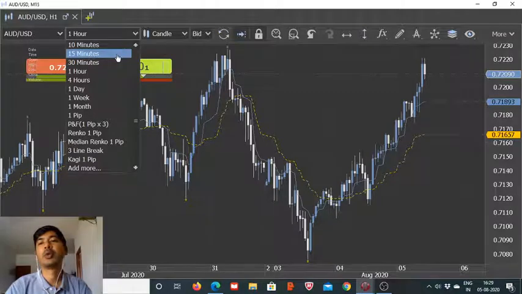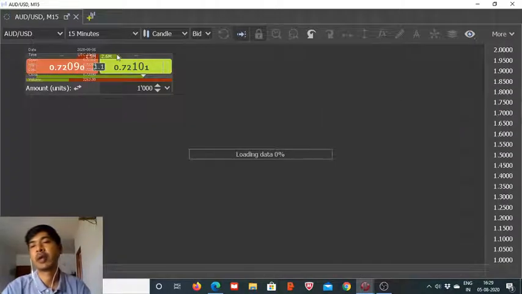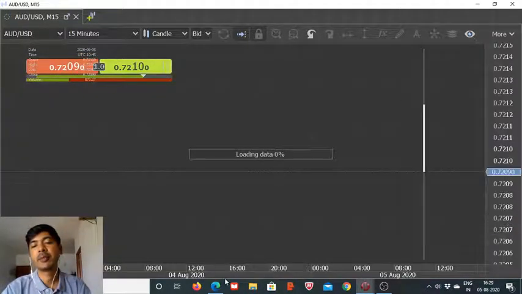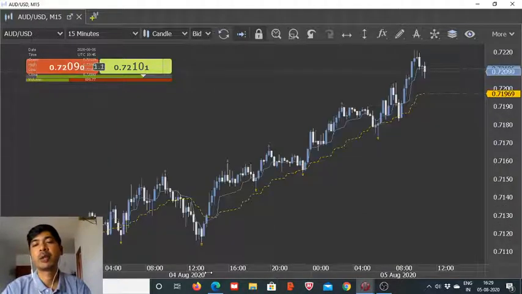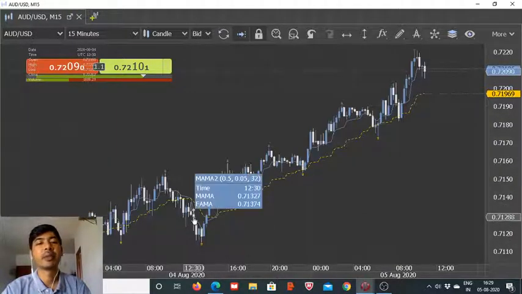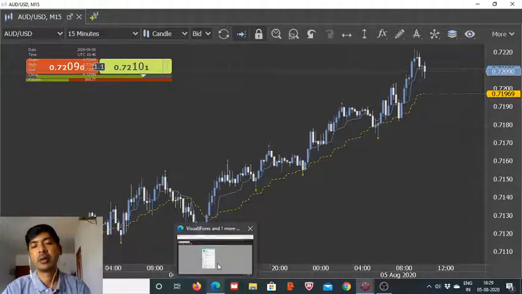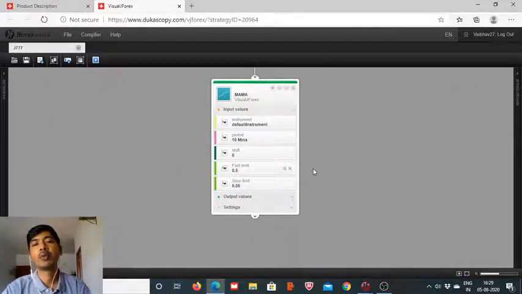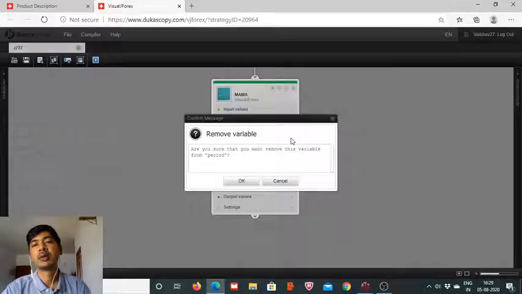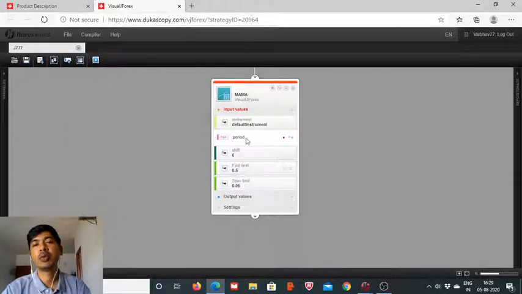All you have to do is choose the appropriate time period for the candlestick, and the MAMA indicator will work equally fine in all these conditions. Now, coming back to the change which we need to do here, we have to take 15 minutes. Okay, 15 minutes we got.